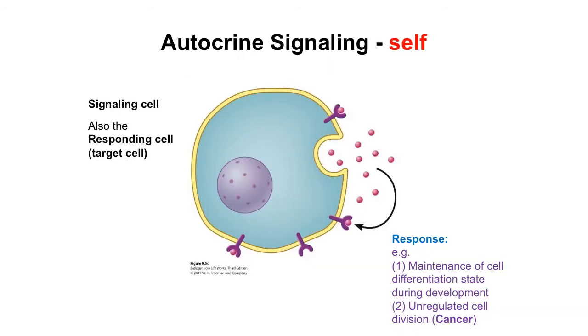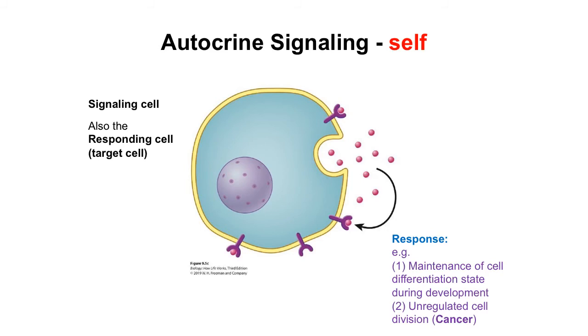The third form of cell-cell signaling is called autocrine signaling, and this is a form of what we call self-signaling. In other words, the signaling occurs by the responding cells being one and the same as the signaling cell itself, as indicated here in this figure.